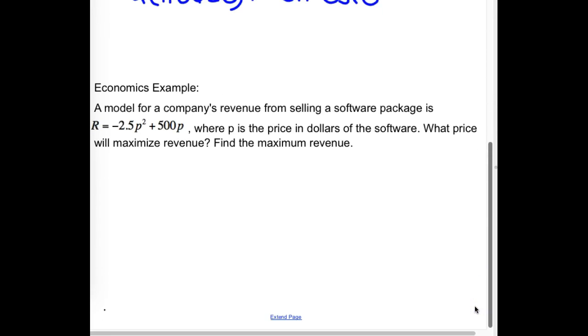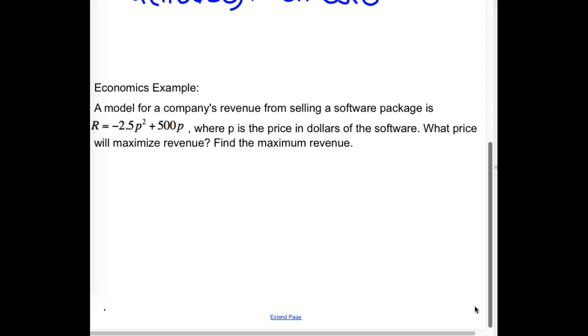Our last one says, a model for a company's revenue from selling a software package is given by R equals negative 2.5 P squared plus 500 P, where P is the price in dollars of the software. What price will maximize the revenue, and find the maximum revenue?